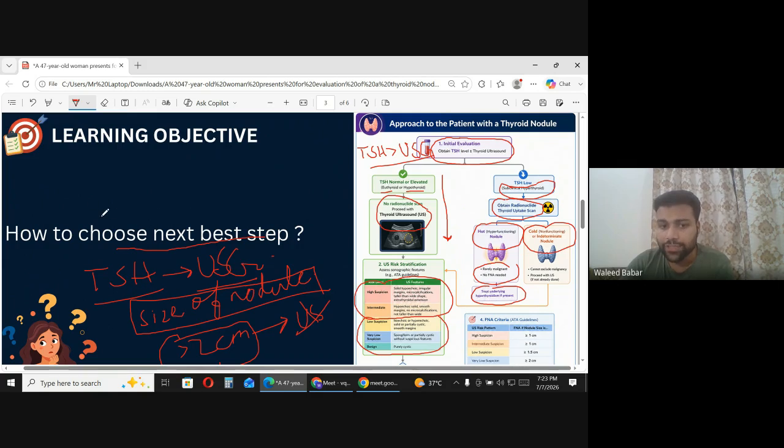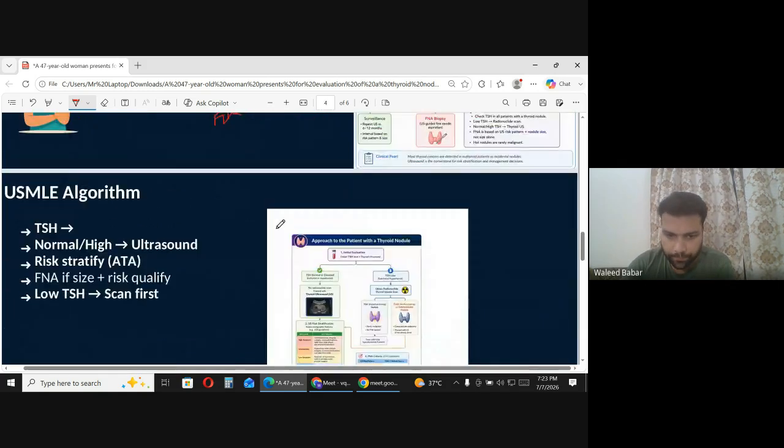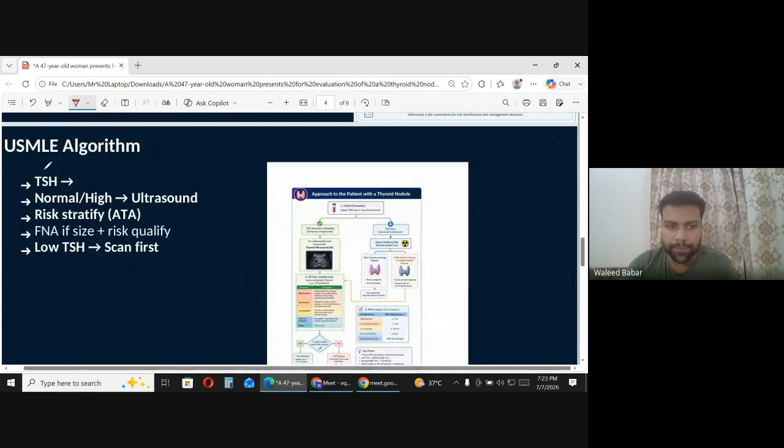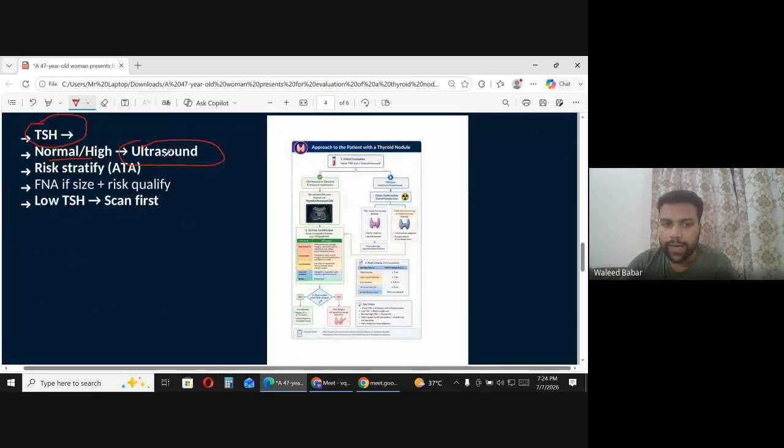And if the TSH is low, then we are going to perform radionuclide scan. Again, first step is going to be TSH. Next, if TSH is normal or high, we will perform ultrasound, and ultrasound will decide whether we need FNA or not. And if the TSH is low, we will go for thyroid radionuclide scan.